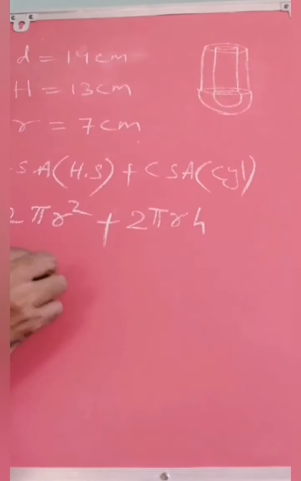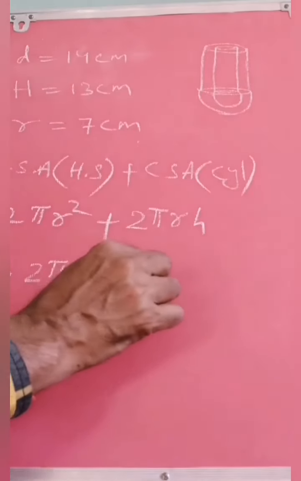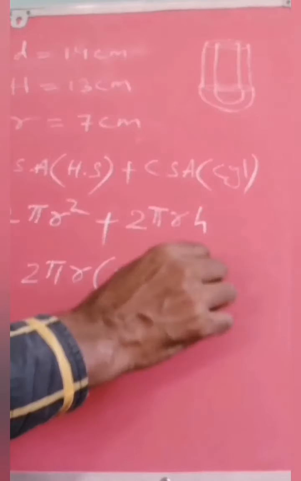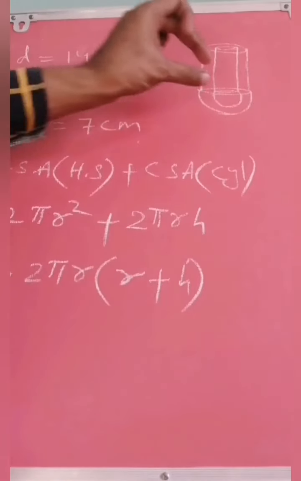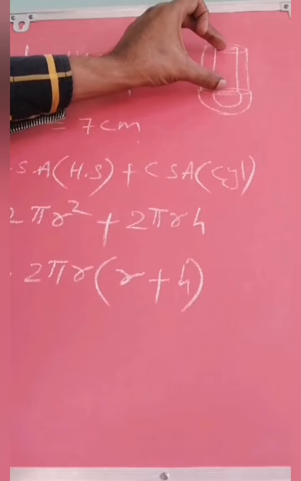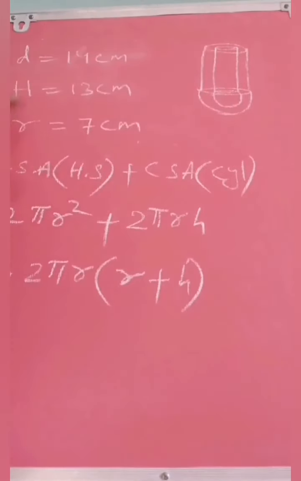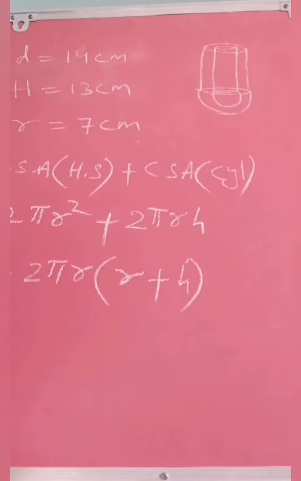We can take it common. So take 2πr from the first part and h from the second term: 2πr(r + h). And what is r plus h? r means the radius of the hemisphere as well as h is the height of the cylinder, and r plus h is the total height, and it is given that the total height is equal to 13. So here you can substitute 13.